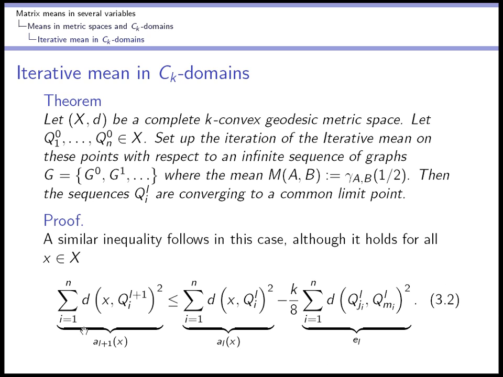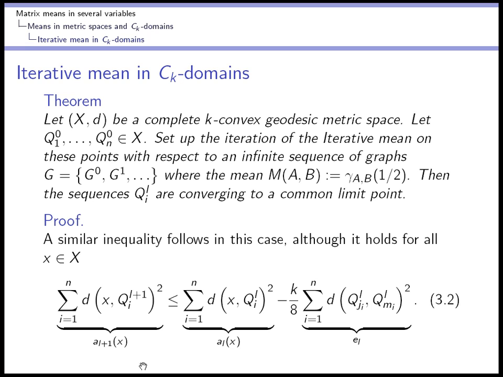Now actually, on the left-hand side, we take the distances from an arbitrary point, small x, in the metric space. This is A_l(x). So A_l is just the sum of squared distances from the points, x to q_i^l, squared.